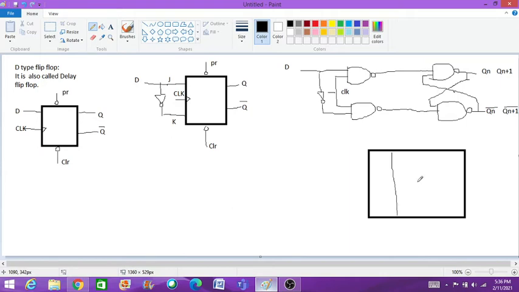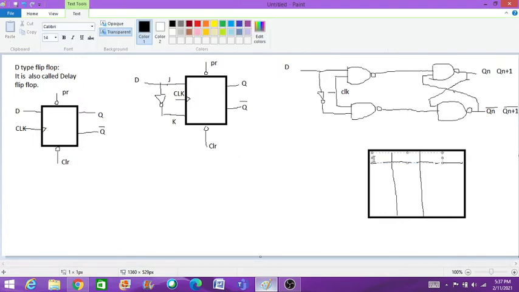Input is your D, present state and your next state. First input is D, second is your Qn, that is your present state, and this is your Qn plus 1.